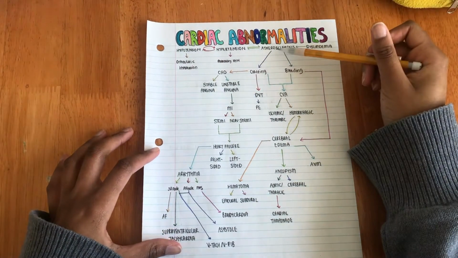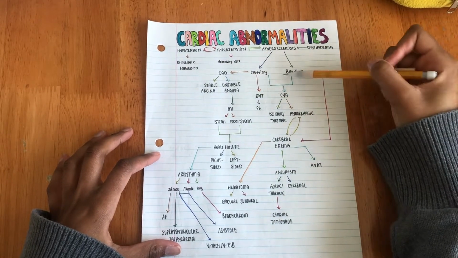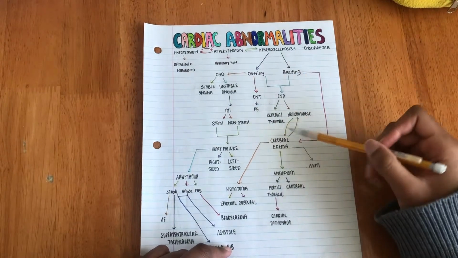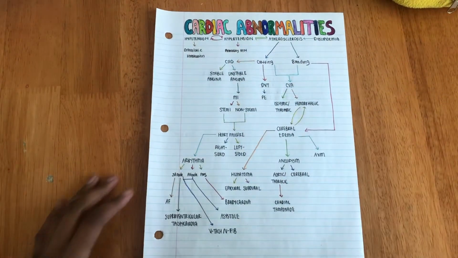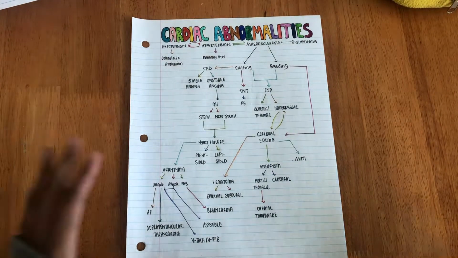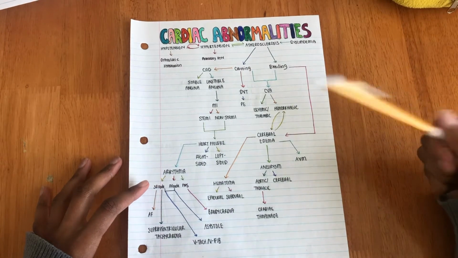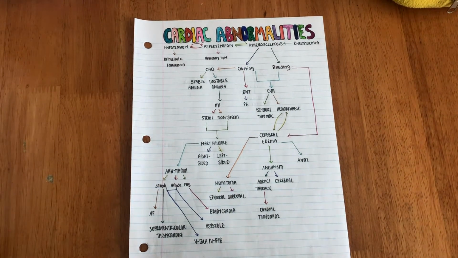But for example, atherosclerosis splits into clotting or bleeding, and then depending on that, it goes to whatever cardiac abnormality is related to that concept. And I find this helps me retain a lot more information because I can actually visualize this flow sheet in my head when I'm answering questions.